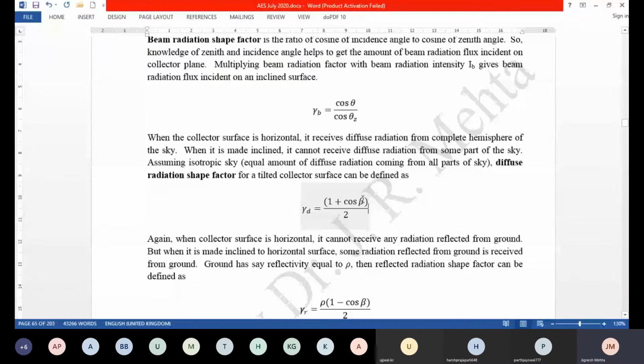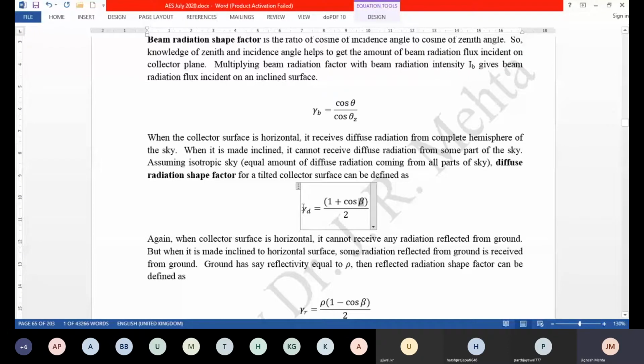The other extreme could be that you keep your collector vertical, right? 90 degrees could be the maximum tilt. You are not going to use it inverted, right? So 90 degrees would be the maximum. Now at that time, your gamma d is equal to 1 half or 0.5, 1 plus 0 divided by 2. It means that a vertical collector cannot see half the sky. For the half of the sky behind it, diffuse radiation is not available.